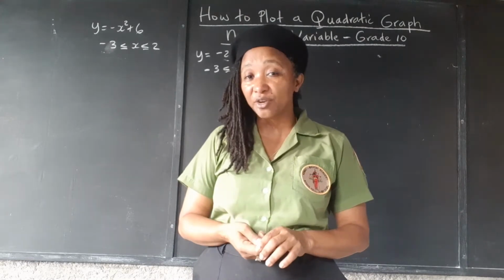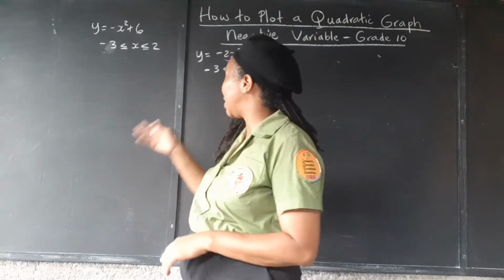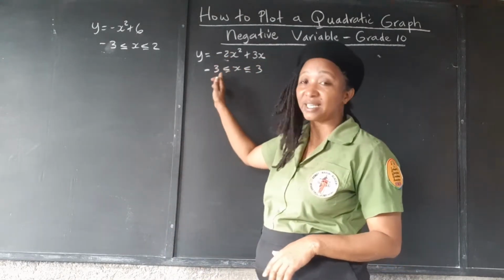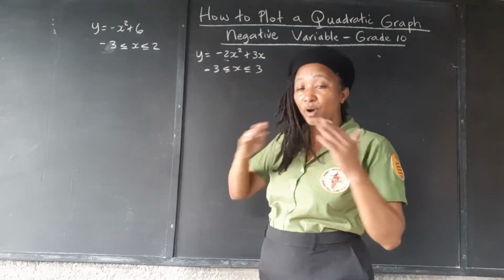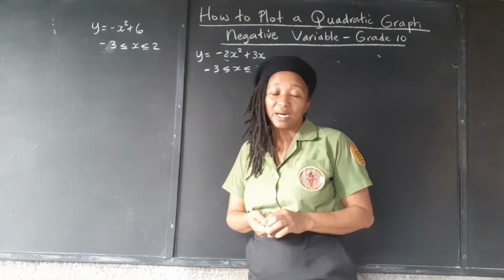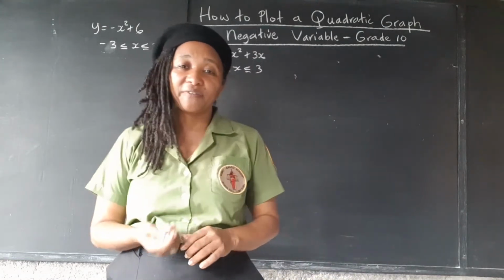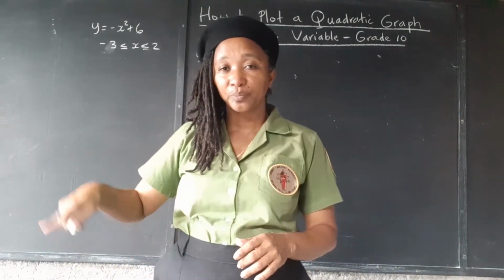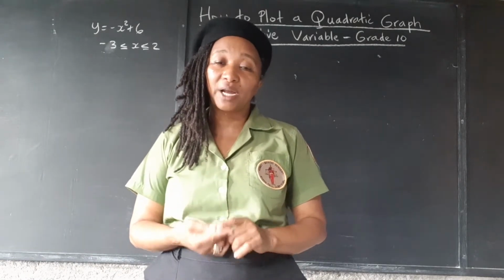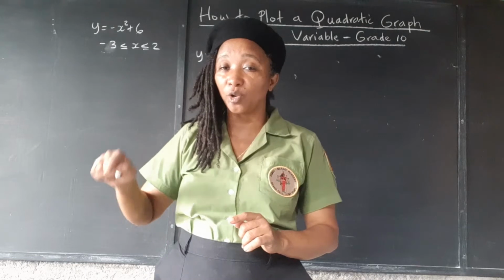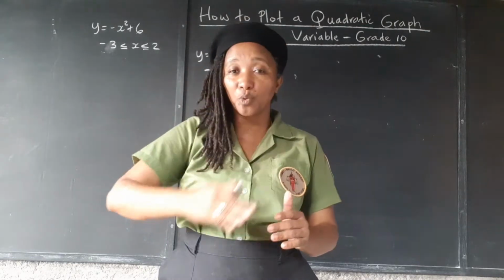For the quadratic graph, however, we need to account for every single point from the end to the next end, every point in between, because the quadratic graph gives us a curve which we call a parabola, and in order to draw that curve we really need to get all those points to get that smooth curve.